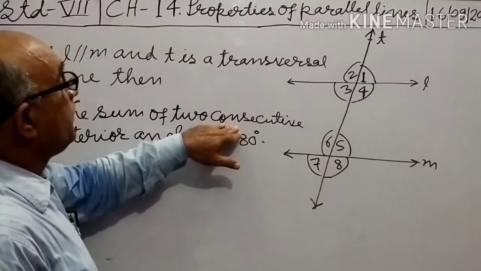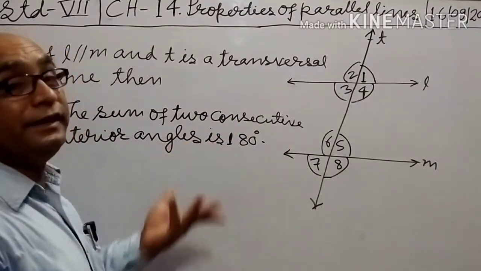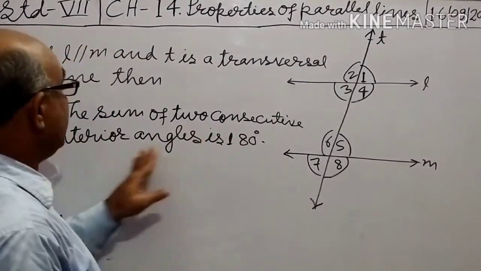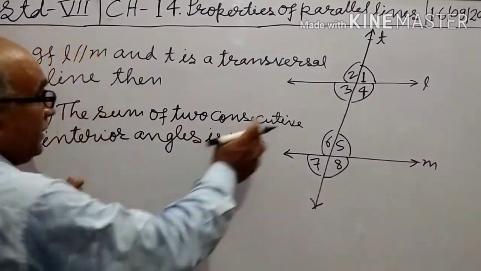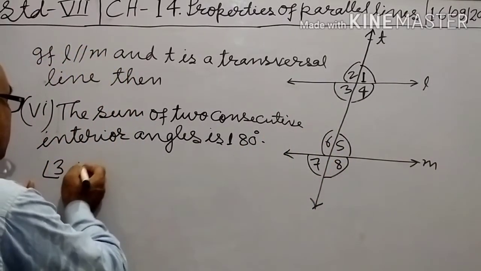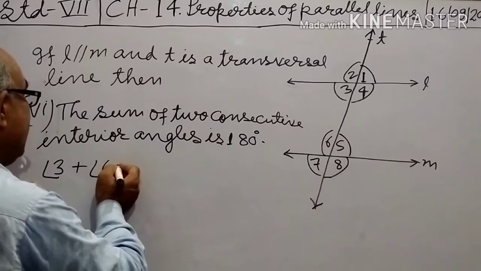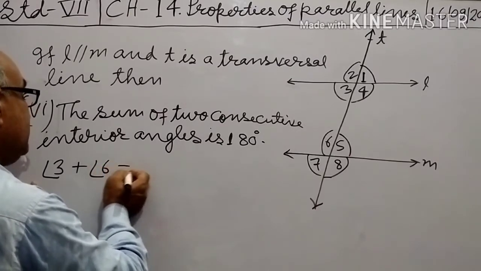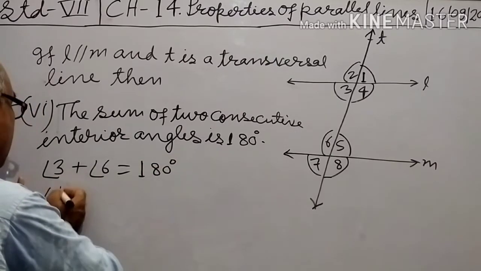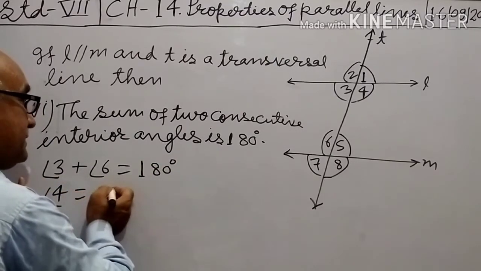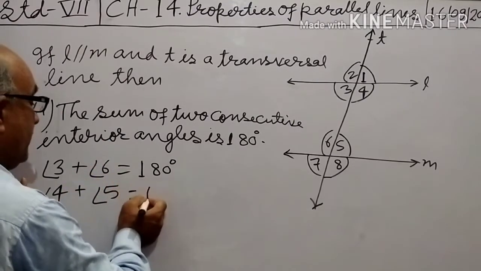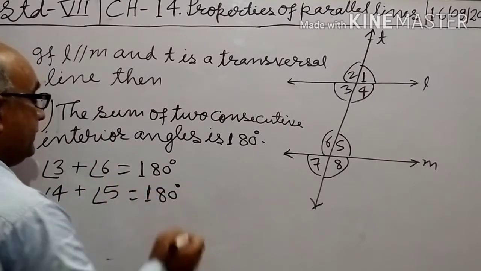The short form of consecutive interior angle is co-interior angle. So angle 3 plus angle 6 equal to 180 degrees. Angle 4 plus angle 5 equal to 180 degrees.